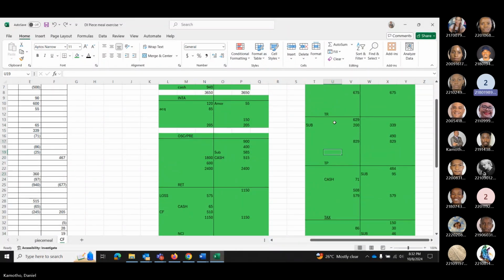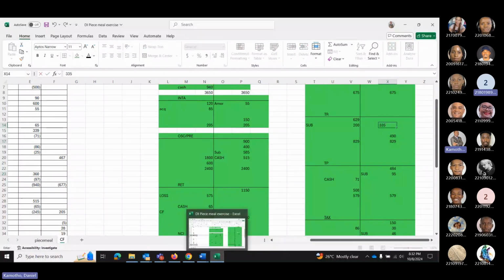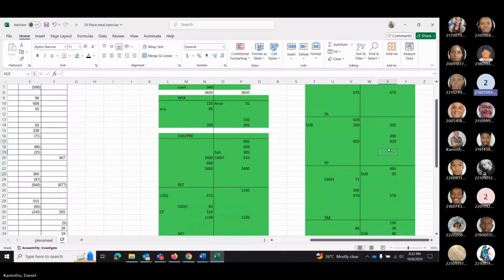The 339 to 335, I think. 339, it should be 335 most. Yes, it should be 335 and your opening balance should be 625. 625. Yes.